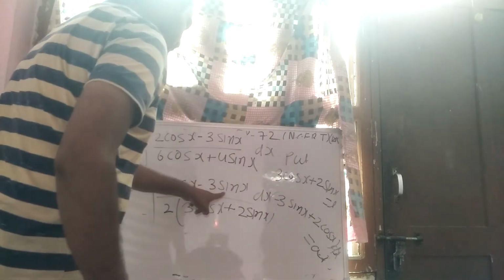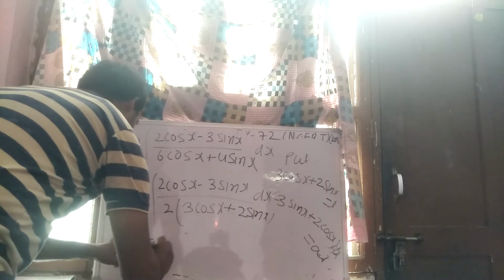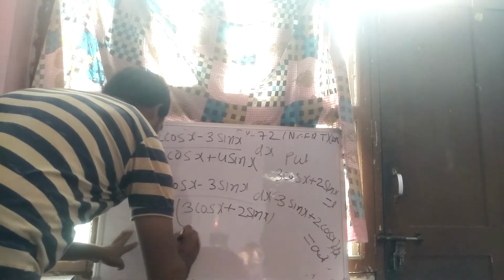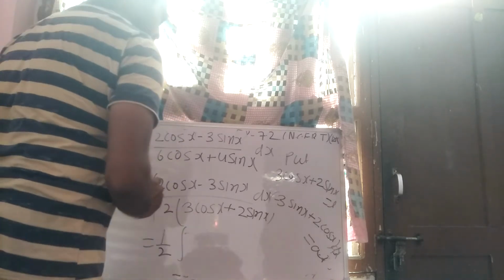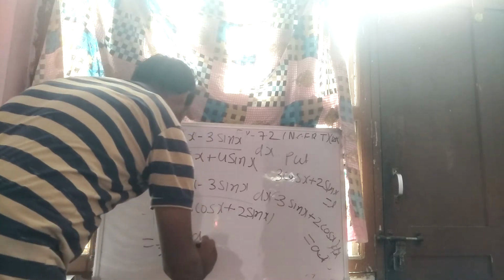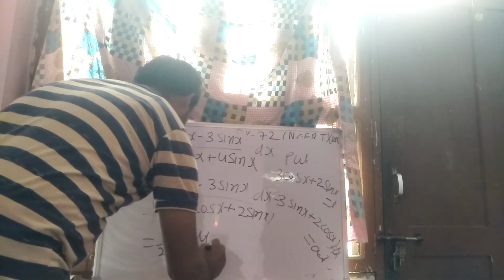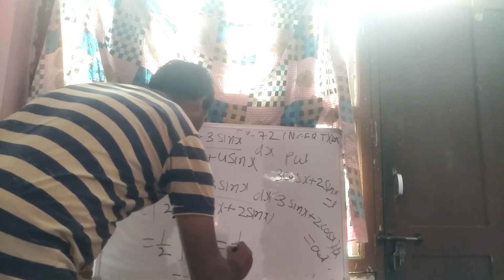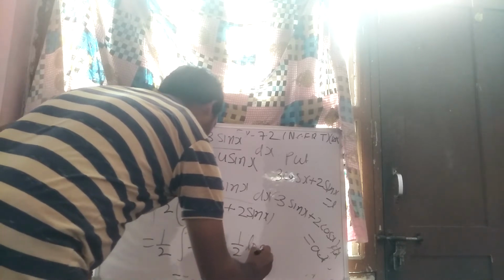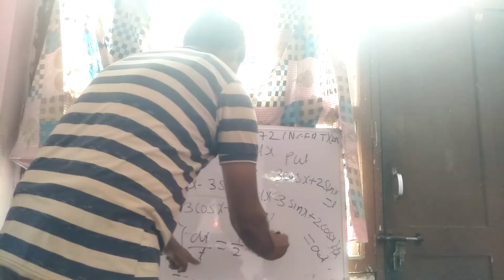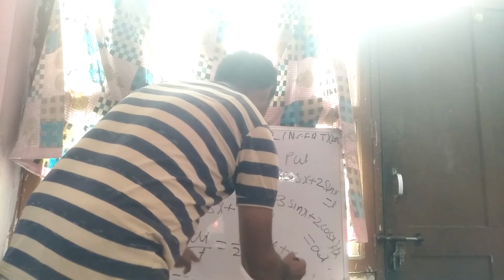Equal to dt. This is also equal to minus 3 sin x, so this is dt upon 2. So we have 1 upon 2 is constant, and this is minus dt, also t. So this is log t, 1 upon 2 log t plus c.